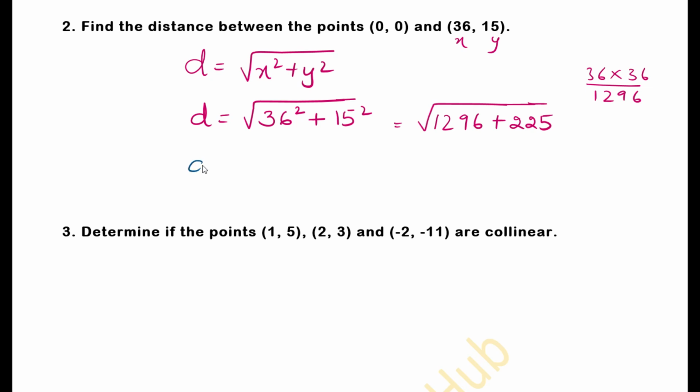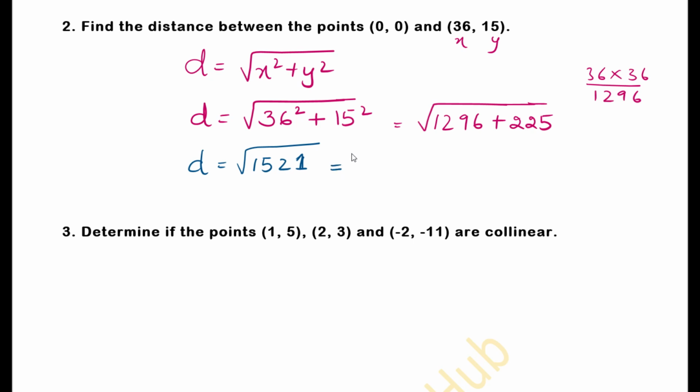Now d equals, add 1296 plus 225. We get 1521. Now we need to find out the square root of 1521 by factorization method or by long division method.